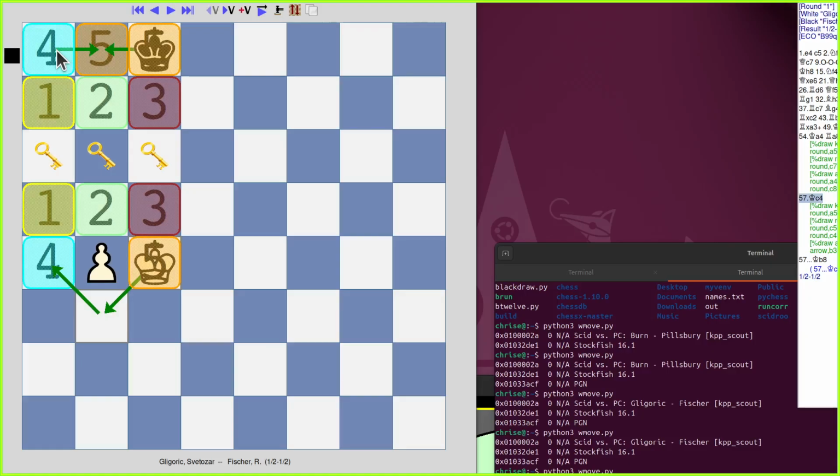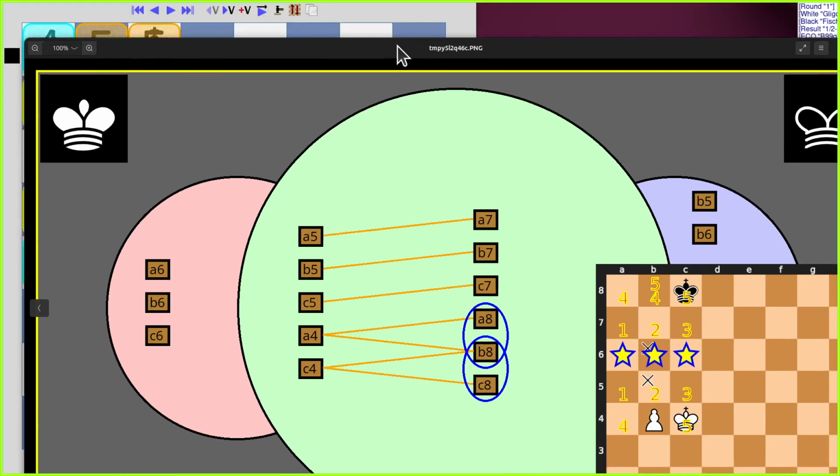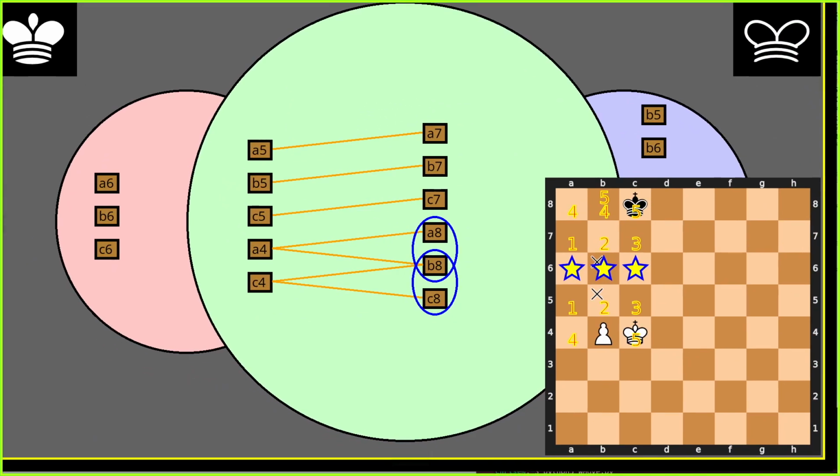I actually have another way of looking at that. Just let me bring it up. Just slide this on top. Yeah, there we go. This was the idea of trying to visualize sets of overlapping squares.